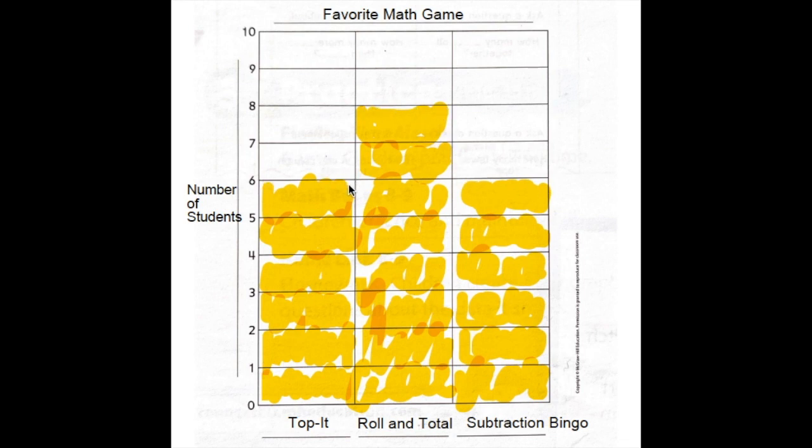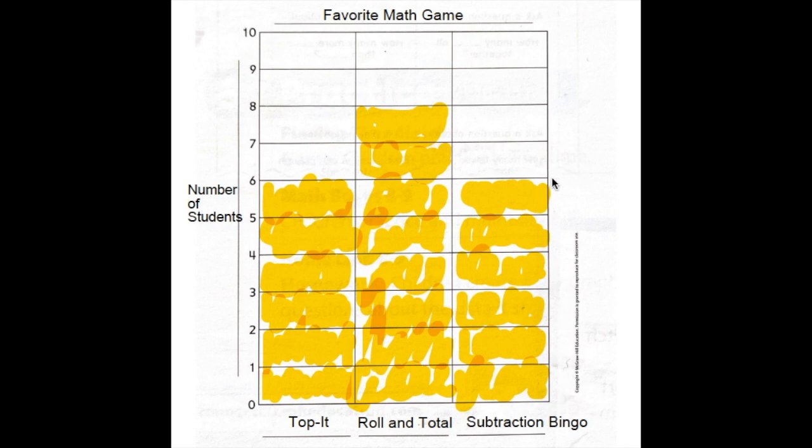Another question we can ask is how many more students chose Roll and Total as their favorite than Subtraction Bingo? So how many more votes do we have for Roll and Total than do we have for Subtraction Bingo? There's a quick and easy way to answer this question.